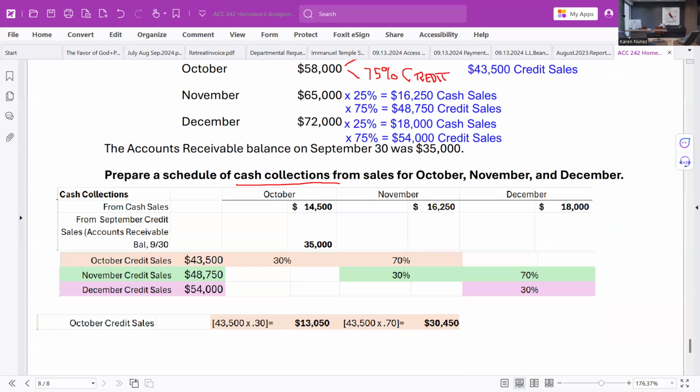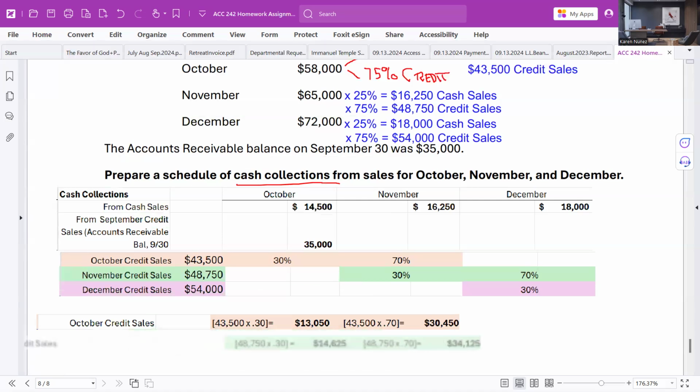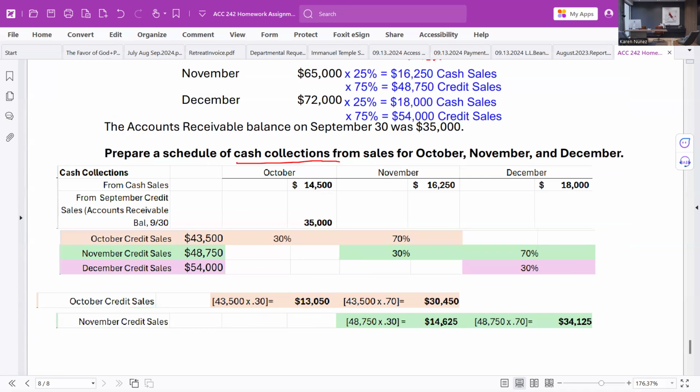And let's look at November now. November's going to be the same pattern, right? 30% in November, 70% in December. So in November, we're going to be collecting on 30% of November's credit sales: 30% of 48,750.